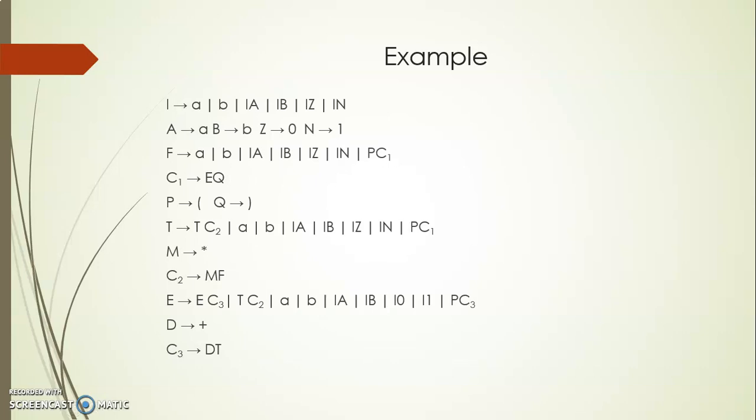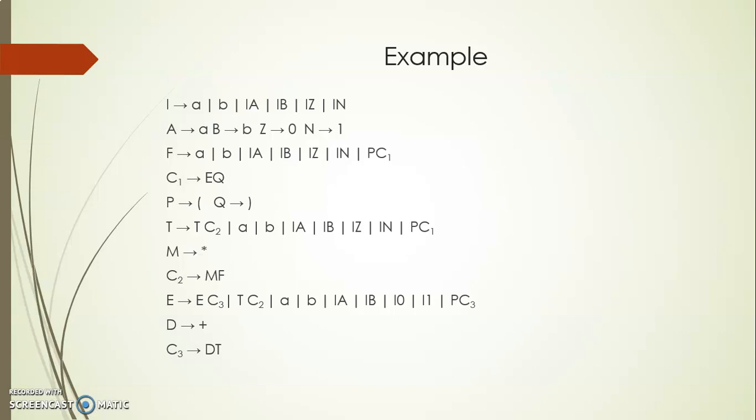Just to differentiate between step 1 and step 2, whatever replacement I am making here, I am naming it C1. So I am eliminating EQ and replacing it with C1, then C1 tends to EQ. Why am I replacing only two non-terminals? Because in Chomsky normal form, it must contain only two non-terminal symbols. Similarly, applying the same rule, we have now converted the given grammar into Chomsky normal form, right?